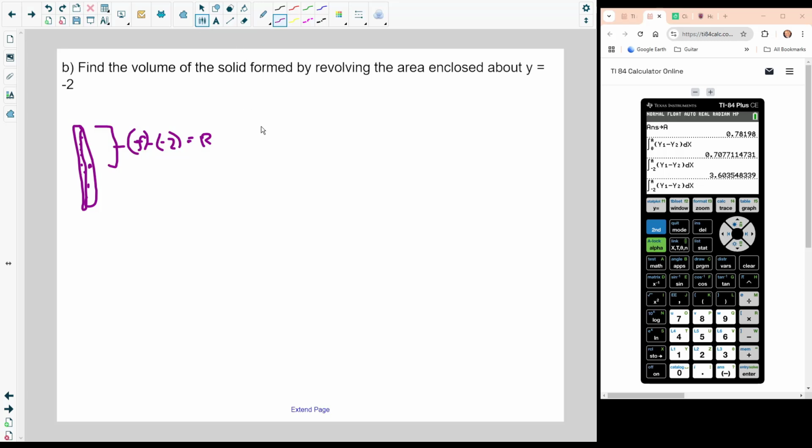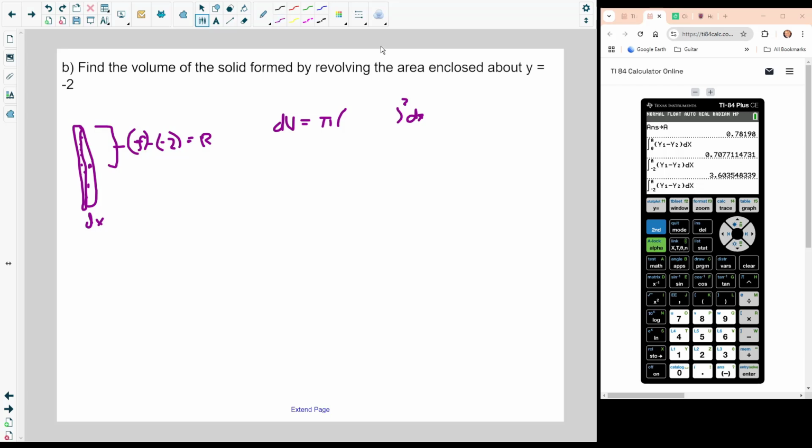So the formula for an infinitely thin coin, or infinitely thin disc or cylinder, dV, is of course pi r squared, and then the thickness of the coin. The thickness of the coin is dx, an infinitely thin thickness dx here.